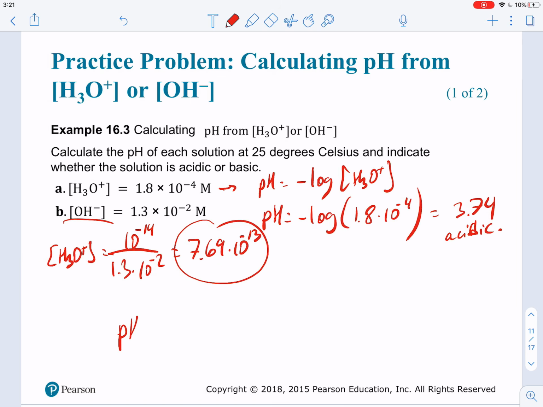So pH is the minus log of 7.69 times 10 to the negative 13, and this is equal to 12.11. Okay, a pH that is higher than 7, so this is a basic solution.